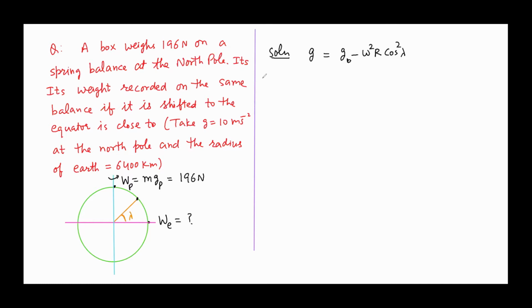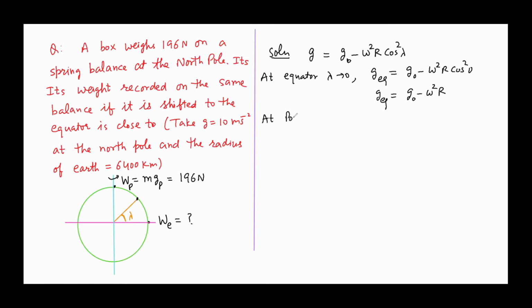If we are at the equator, lambda is 0. So acceleration due to gravity at the equator is g naught minus omega square R cos square 0. So g equator is g naught minus omega square R.